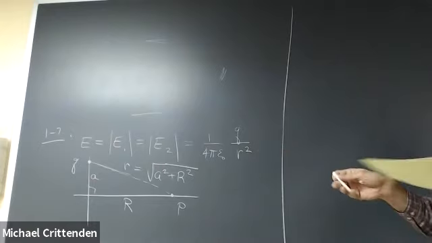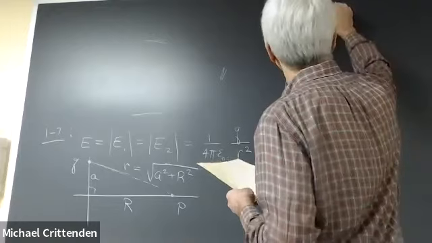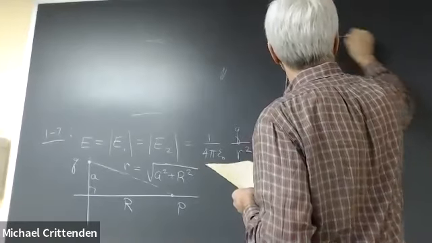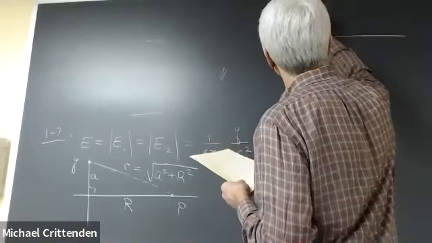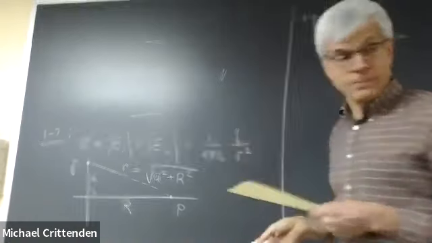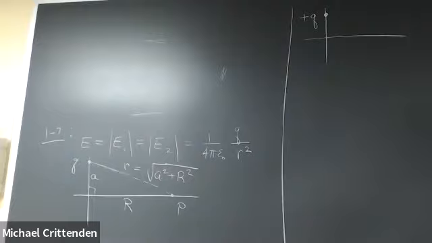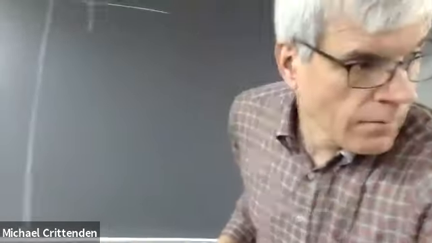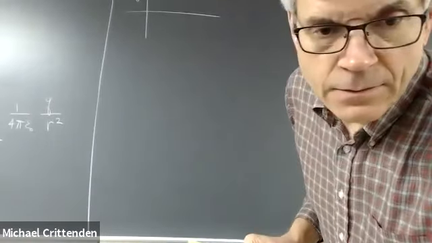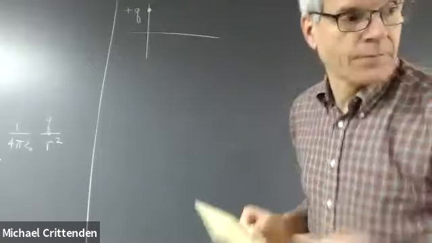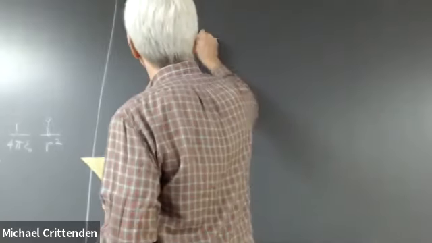The directions, take them one at a time. For the positive charge, which is up there, point P is over here.